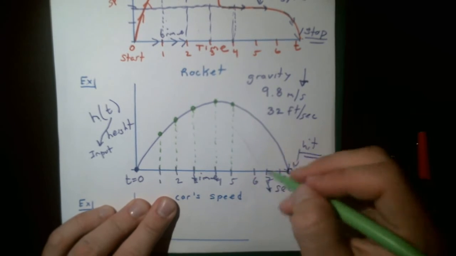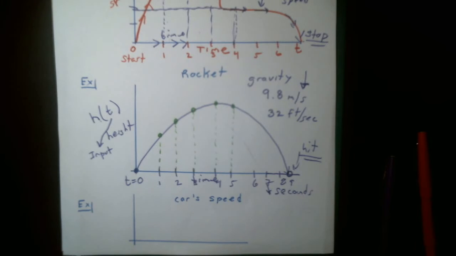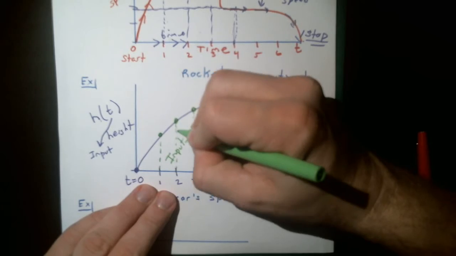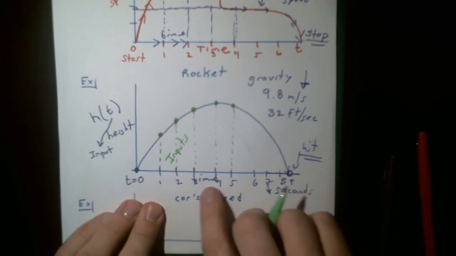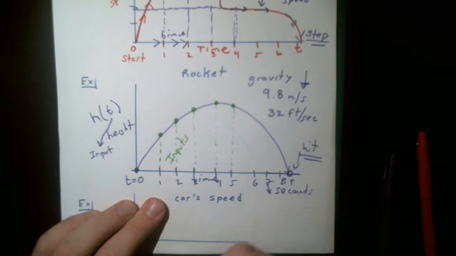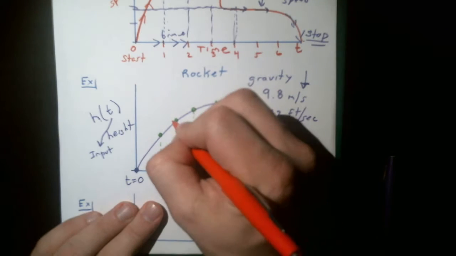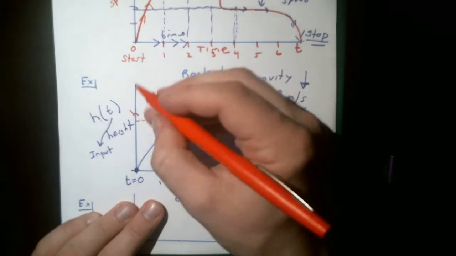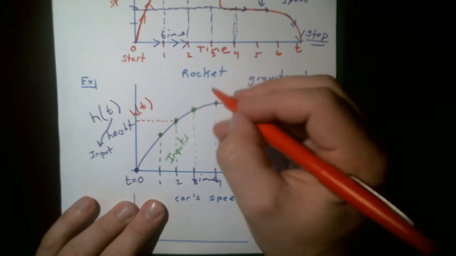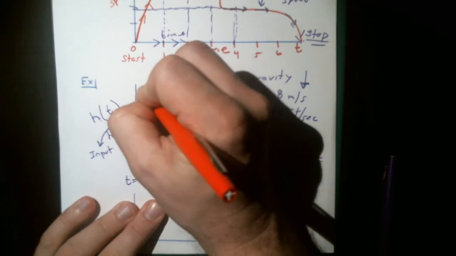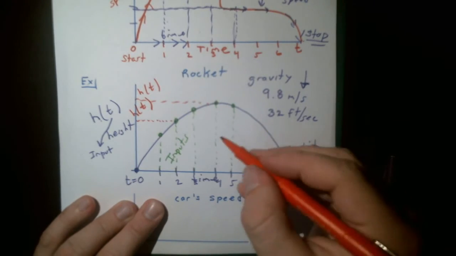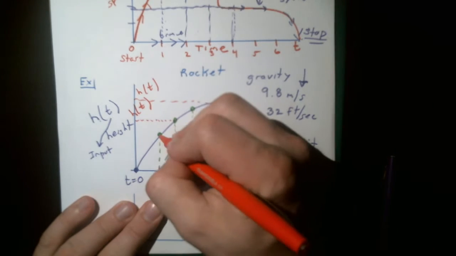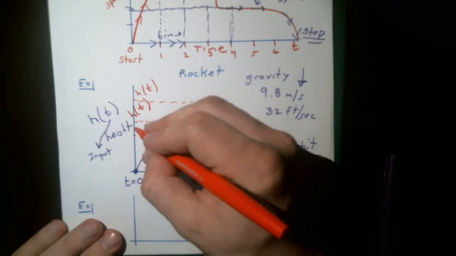So what's going to happen is that we have these inputs. Our time is our input. And what we get out of it is a height for that t. So every time that you click, you hit some sort of height.